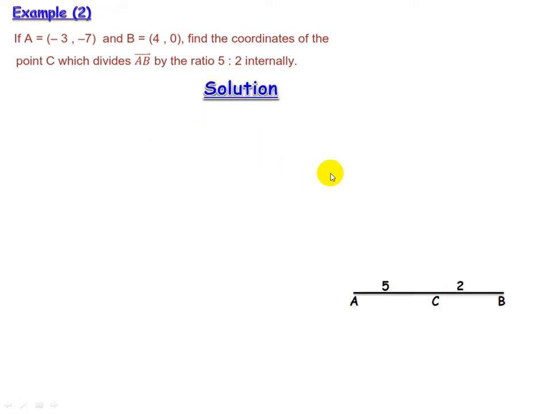Drawing also the line segment AB and dividing by C by the ratio 5 to 2 from A, we can say that M1 equals 5, so the point B is x2, y2. M2 is 2, so the point A is x1, y1.